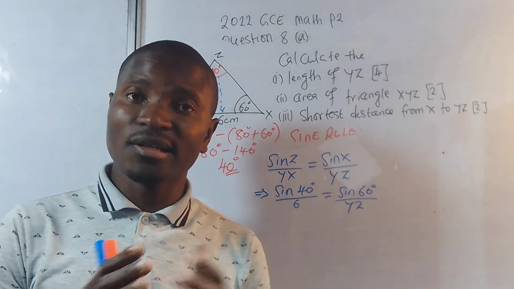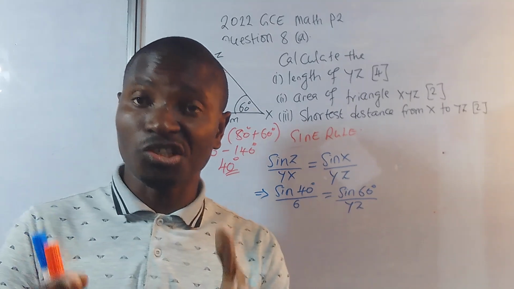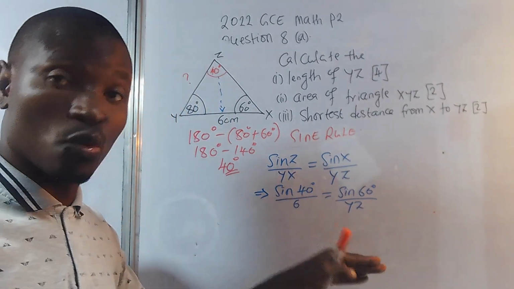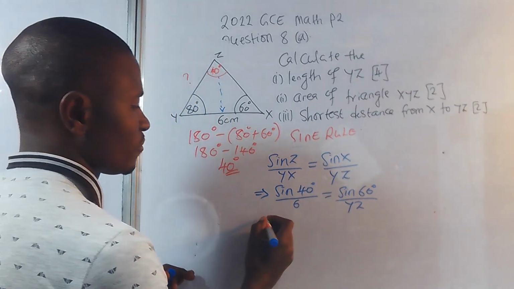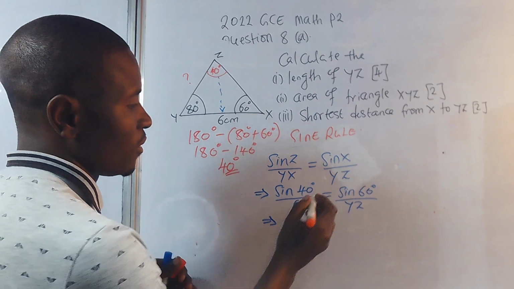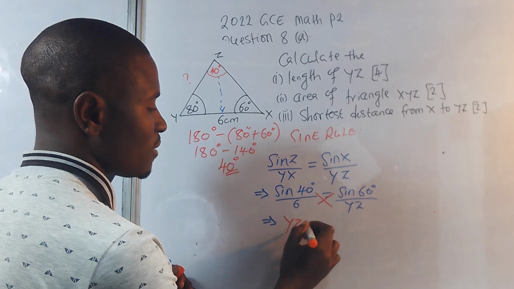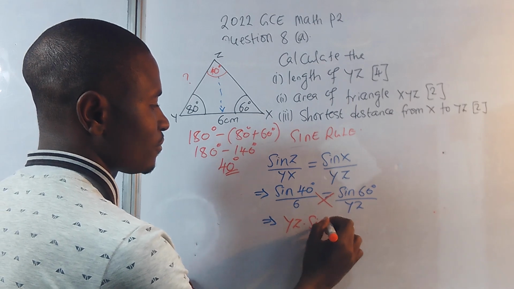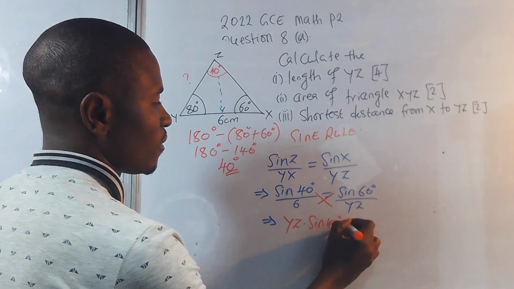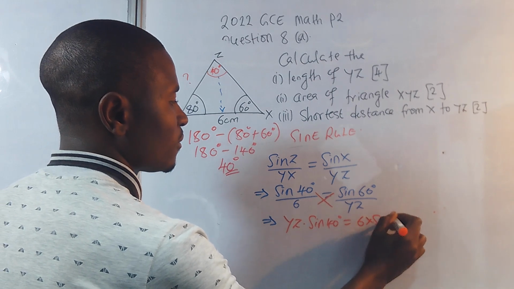Now remember, the YZ is what I'm looking for, so it just remains unchanged. And then from there, we can cross multiply. So now, this times that, we're going to say YZ sine 40 equals 6 multiplied by sine 60.